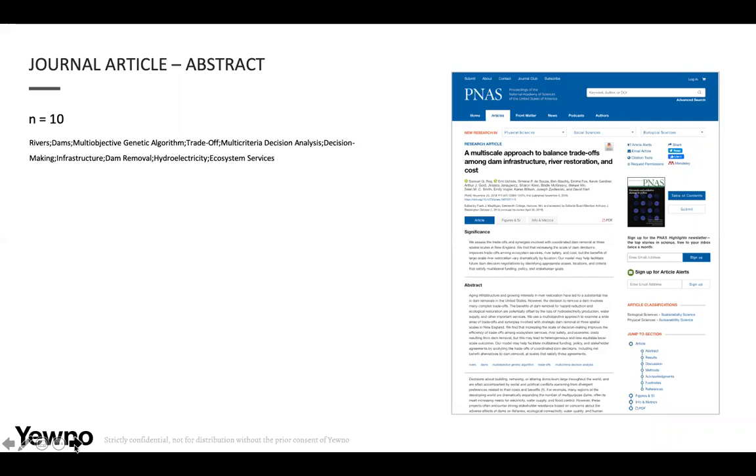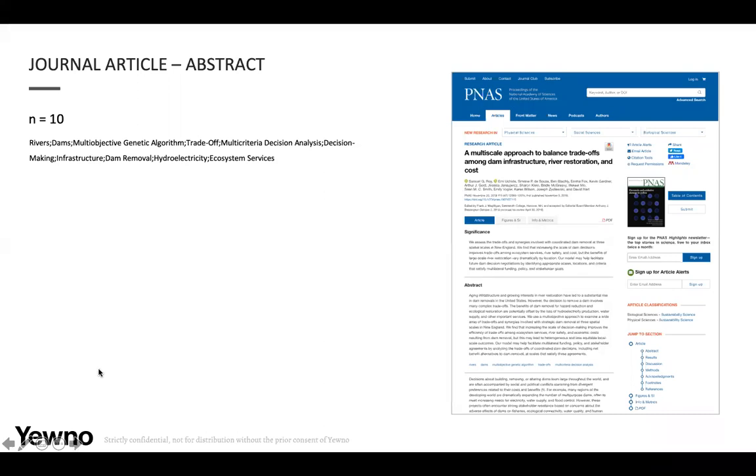And again, there's a complete variation in terms of how those keywords are assigned. They could be author assigned, they could be editor assigned, they could be assigned from a predetermined vocabulary, and so on and so forth. So one of the great things about using some kind of artificial intelligence technology is around consistency. And the other thing is about the breadth of terms that can then be used.